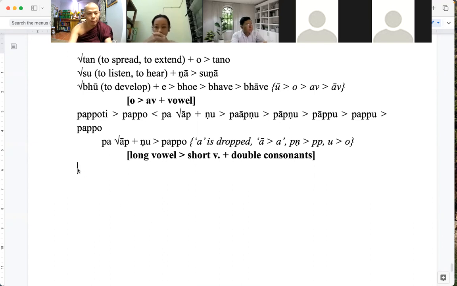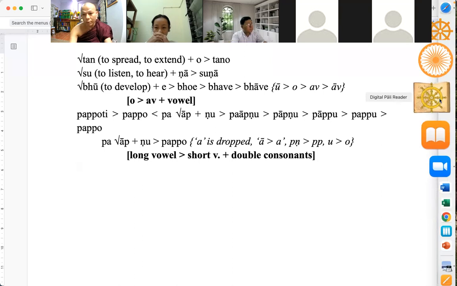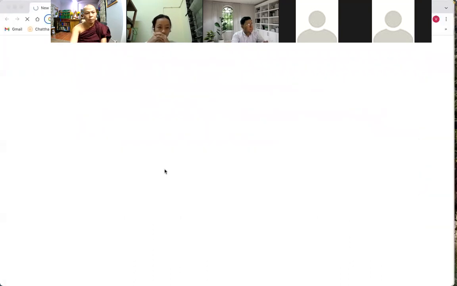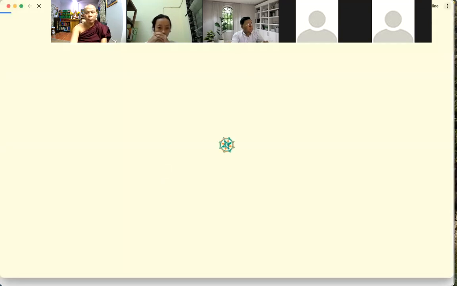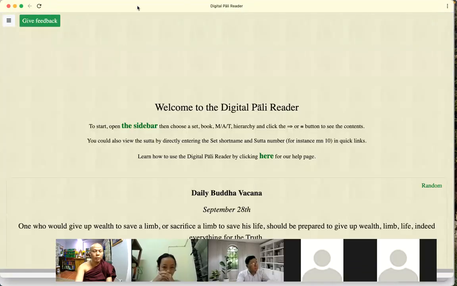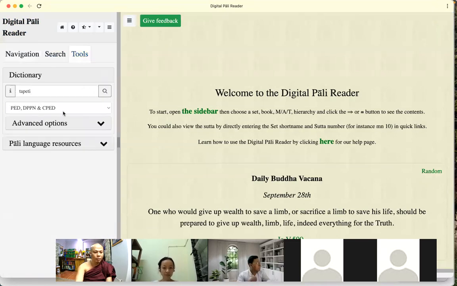Pali English Dictionary. So, for example, I show you how to use the dictionary. This is the digital Pali reader. Offline, you can use it. Here, under the tool, you see dictionary.